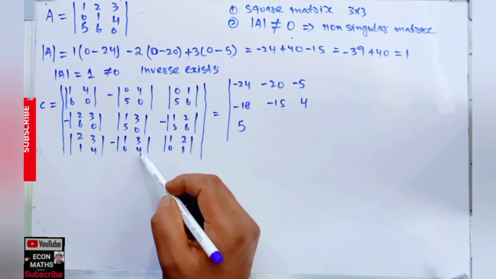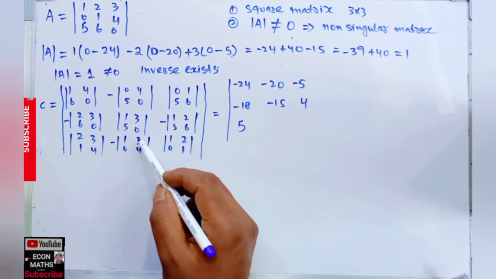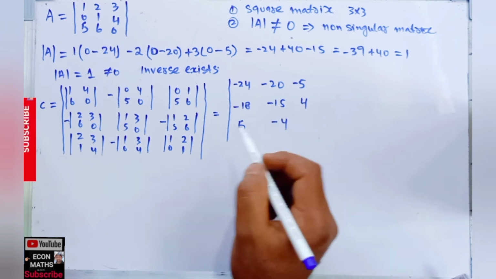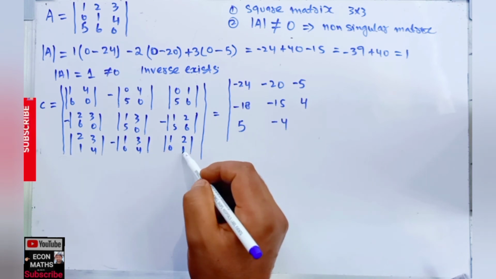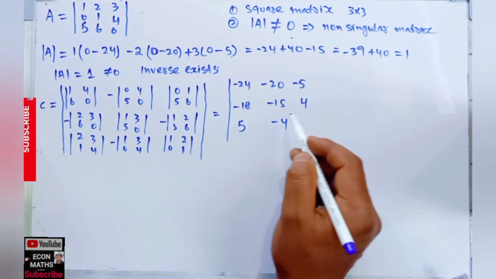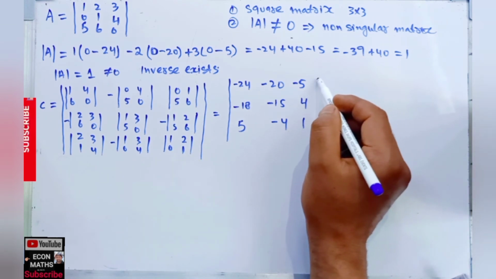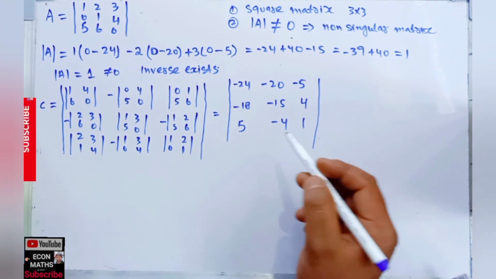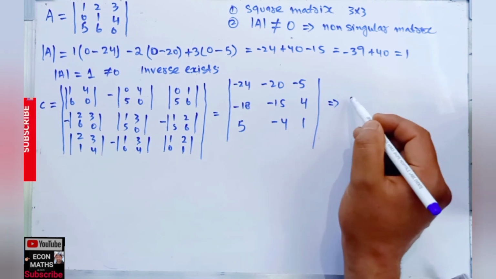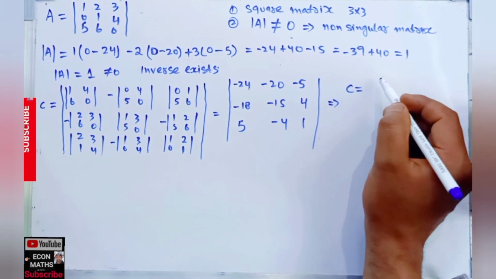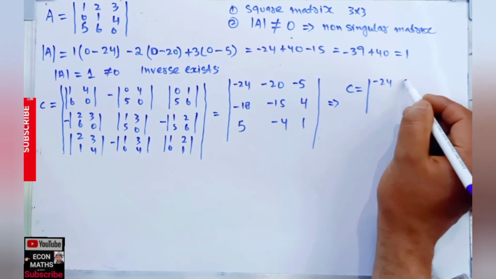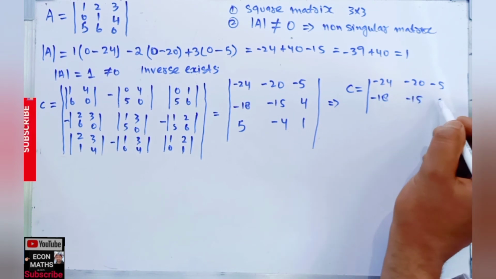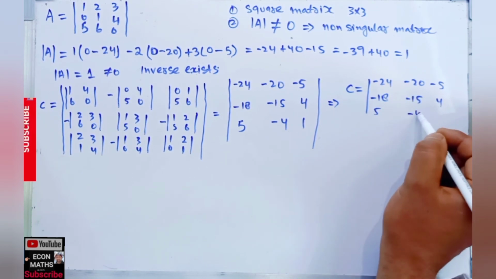Similarly, here 1 4s are 4, minus 3 zeros are 0, that is minus 4. And here 1 zeros are 1 1s are 1, minus 2 zeros are 0, so we will get 1. I hope the calculation is going right. Now this is C, the cofactor matrix: minus 24, minus 20, minus 5, minus 18, minus 15, and 4, and 5, minus 4, and 1.